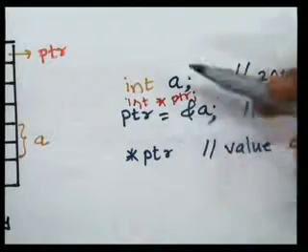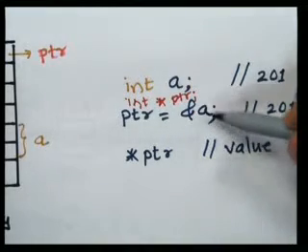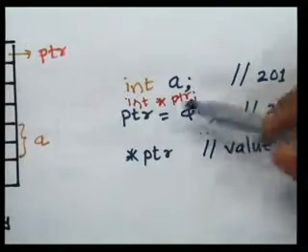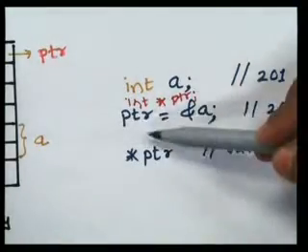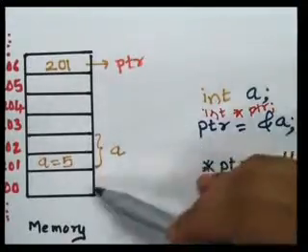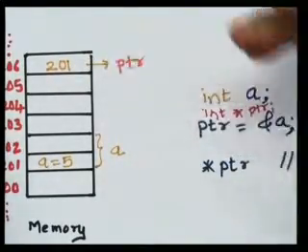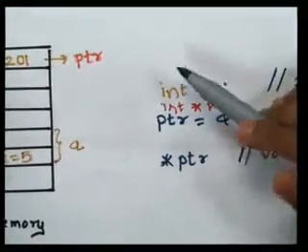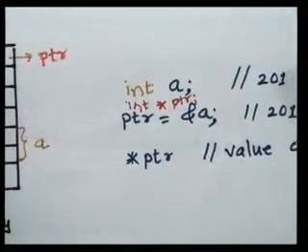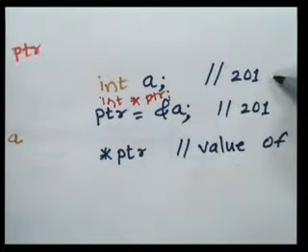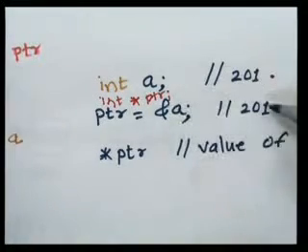Once again, this line will store the address of variable a that is already in memory to ptr. As per this example, ptr will get 201 as the address. Again, these are example addresses; your system will have different addresses. Now you can see a is allocated memory location 201. When I write this line, ptr will also get 201.